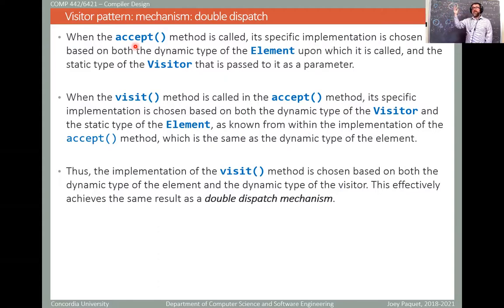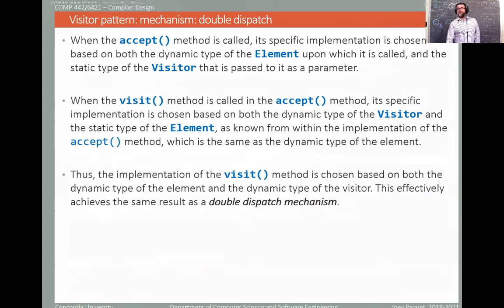That's why in the visitor pattern, there are these two levels of processing. You call accept, which then calls visit. One dispatch by calling accept, and a second dispatch by calling visit inside of accept. That's how it achieves the double dispatch mechanism.